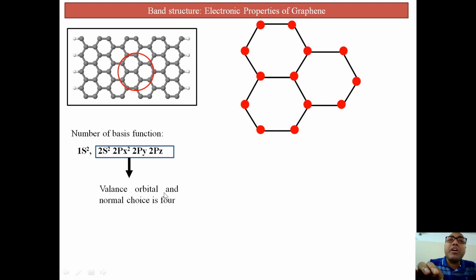Then how many basis functions? For s, 1; px, 2; py, 3; and pz, 4. So always we need to think about the valence orbit.